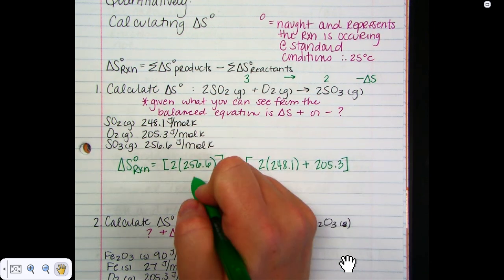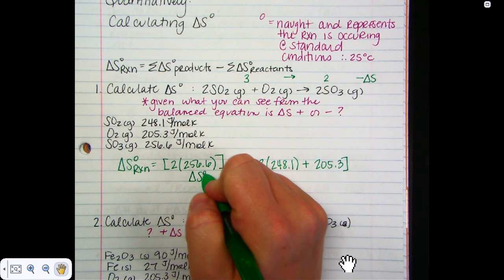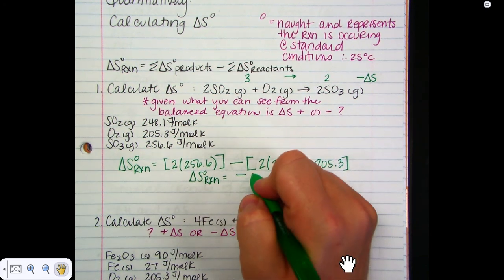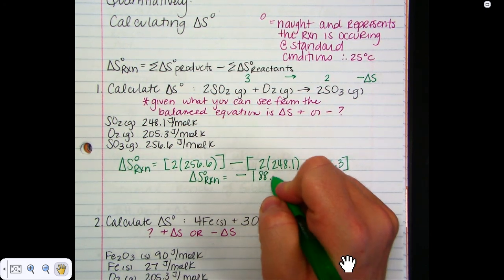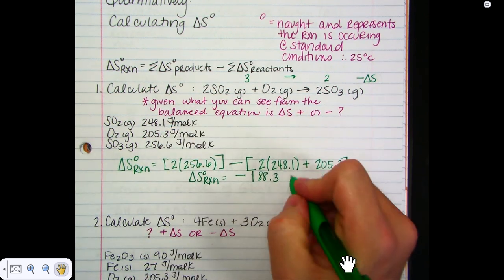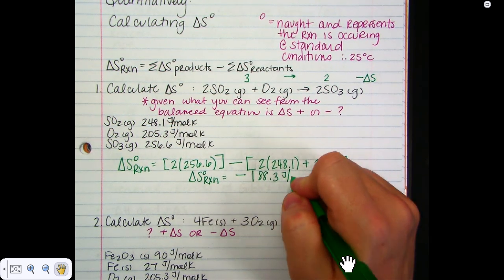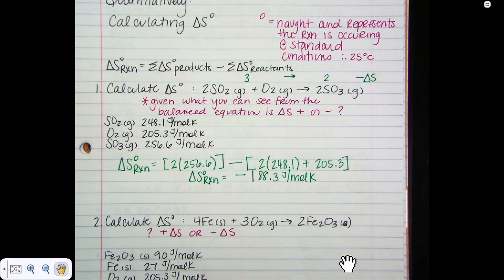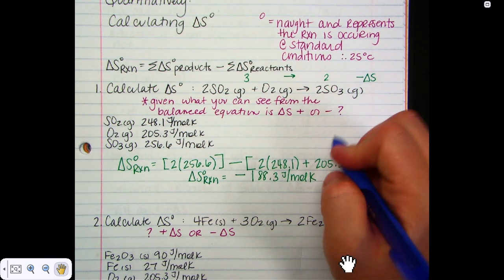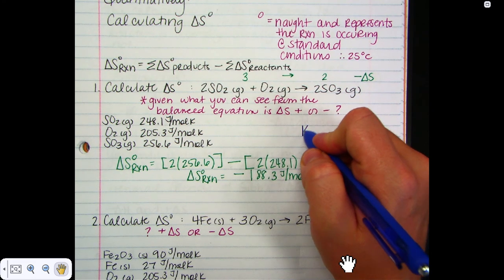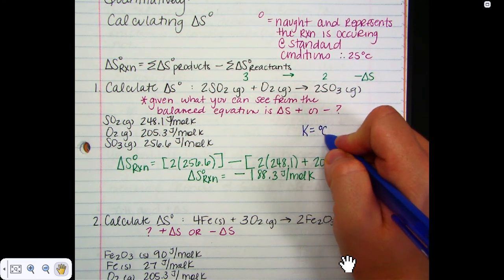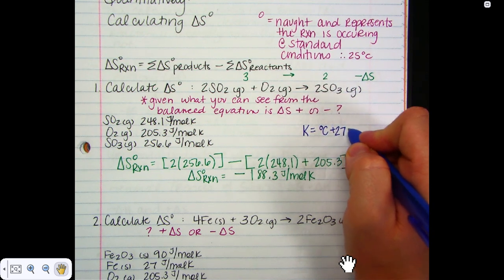And when I do that, delta S naught of the reaction is equal to negative 188.3, and then my unit here is joules per mole Kelvin. We haven't talked about Kelvin yet. Kelvin is a unit of temperature. To relate Kelvin to Celsius, Kelvin, which is absolute temperature, is defined as taking your Celsius temperature and adding 273.